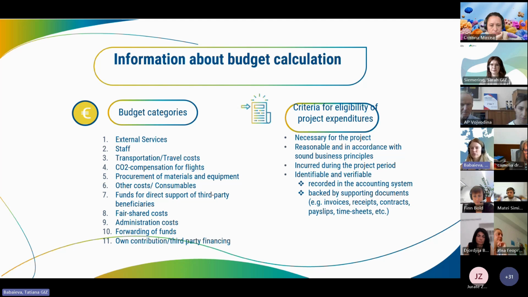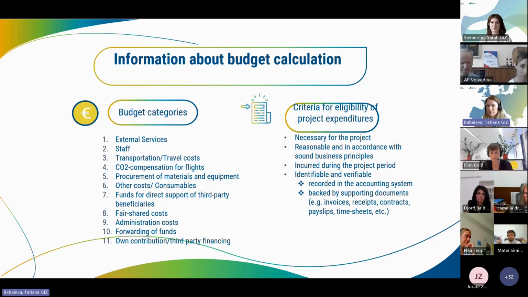The most important rules are that the expenditure must be necessary for the project, reasonable and in accordance with sound business principles, incurred during the project period, identifiable and verifiable, recorded in the accounting system, backed by supporting documents, so for example, invoices, receipts, contracts, payslips, timesheets, and so on.